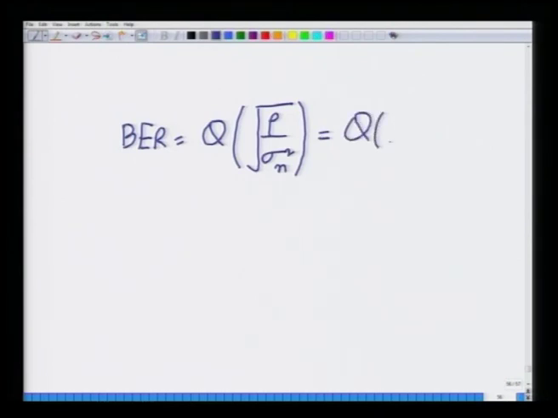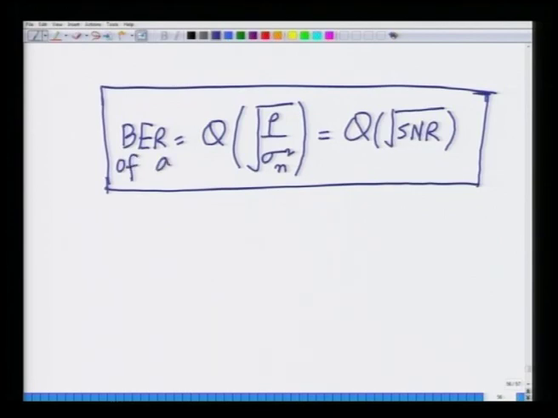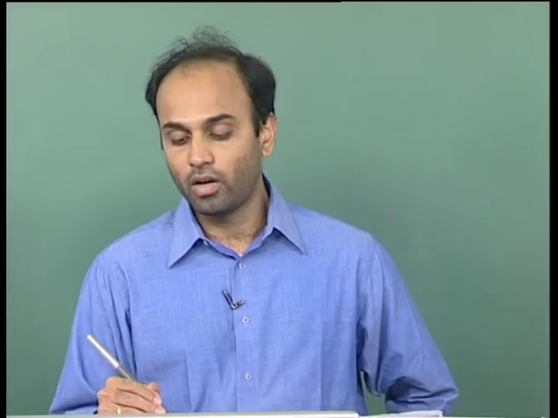So, this is Q of square root of SNR, and that is the bit error rate of a conventional wireline communication system.